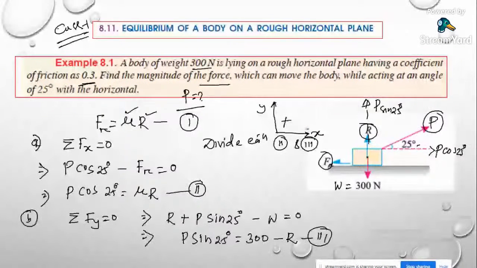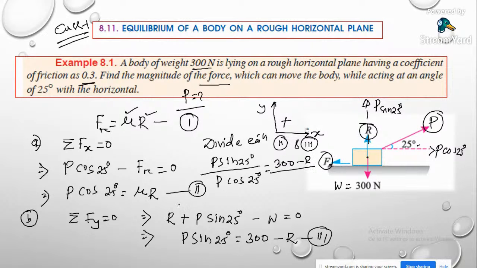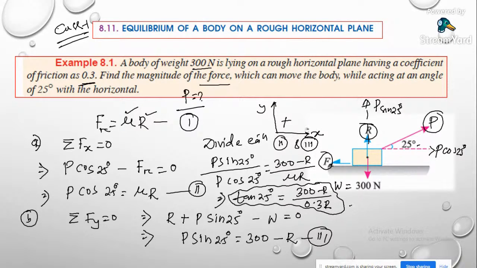So if you divide, how much are you getting? P sin 25 divided by P cos 25 will be equal to 300 minus R divided by mu into R. So this is coming out to be tan 25 degree equal to 300 minus R by mu into R, where mu is 0.3, into R. So if you solve this equation, you can find out the R magnitude.